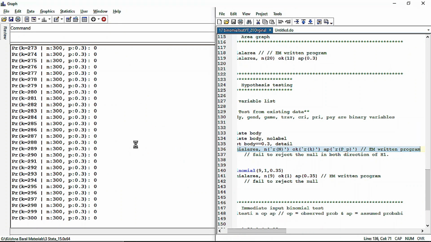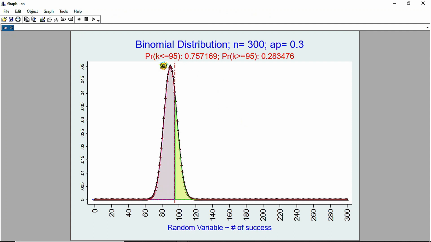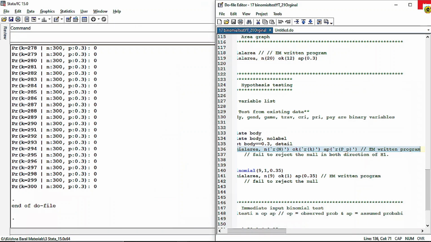So this 95, the red dotted line, represents the 95, and less than it, the area is 75% of the area, and greater than it, it's 28%. So in either of the cases, we fail to reject the null. So we can say that normally 30% of people are thin.